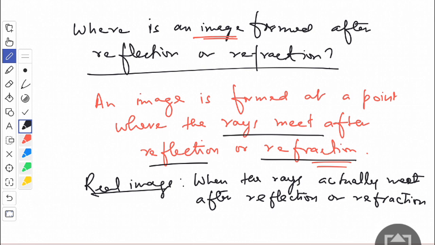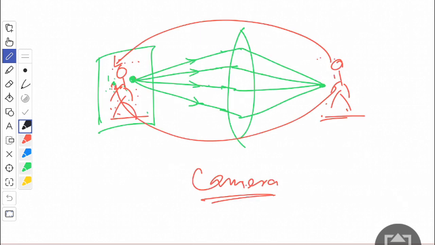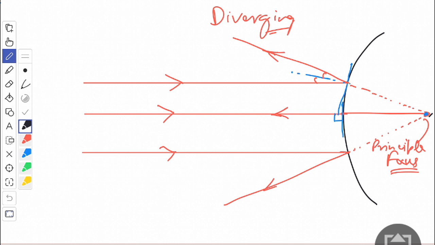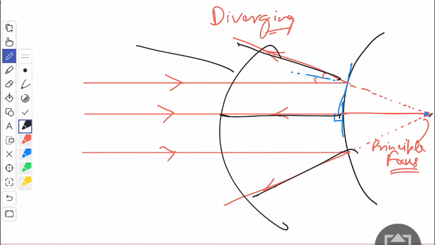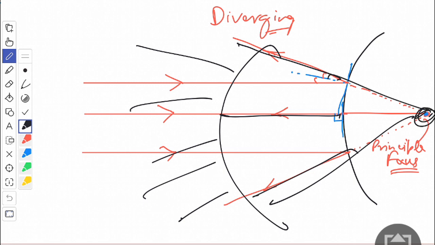Now this is real image. What is virtual image? Virtual image is when they are not actually meeting, but they meet when you extend them back. Here you can see this ray goes like this, goes like this, so they're all diverging. They're moving away from each other. But if you extend them back, then they meet here.